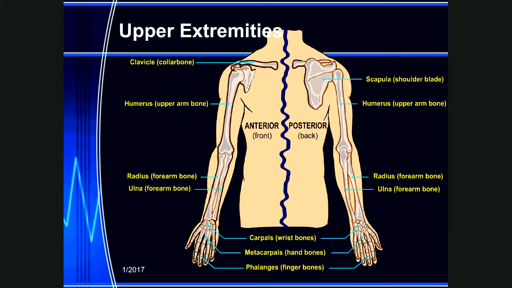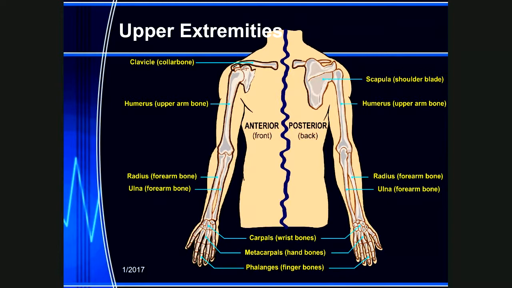The radial pulse is taken over the radial bone, and it is aligned with the thumb. That's why it's easier to remember radial to the thumb when we think of the anatomic position. We get our pulse on the radial side.